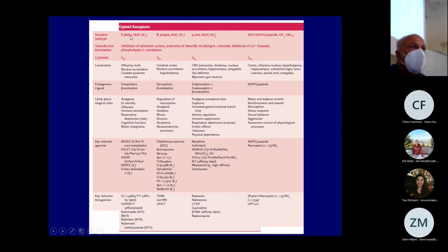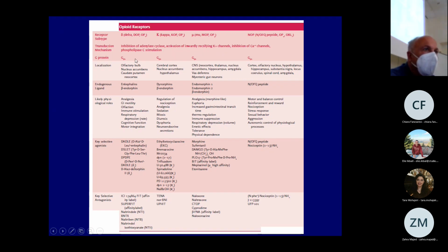You see delta, kappa, and mu. You see the inhibition of adenylate cyclase, activation of potassium efflux, inhibition of calcium flux, and so we have a stabilization of the neuromembrane.